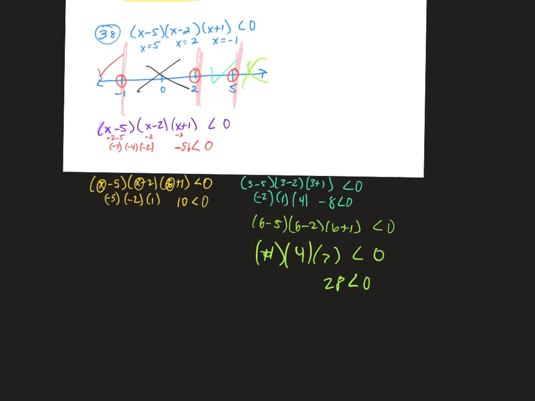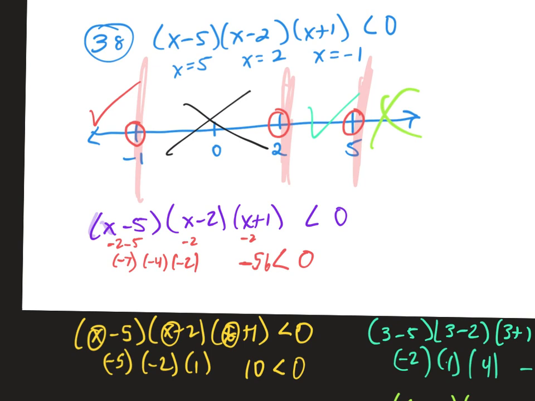No. So where are the two places on the graph that the solutions are? In between where and where? Negative infinity to -1, and where else? Between 2 and 5. So this is what I would expect to see for your answer: shading where your answers exist, and your interval notation.